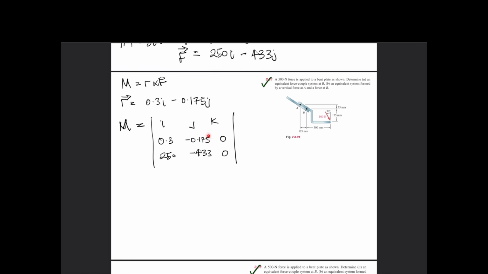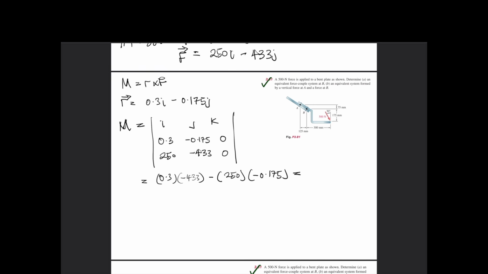Since we have 0 on the two parts, the coefficient of our i is going to be 0, and the same thing with our j when we resolve it. Then for our k, we are going to have a value for k only. So we expand that: it will be 0.3 times minus 433, then minus, 250 times minus 0.175.